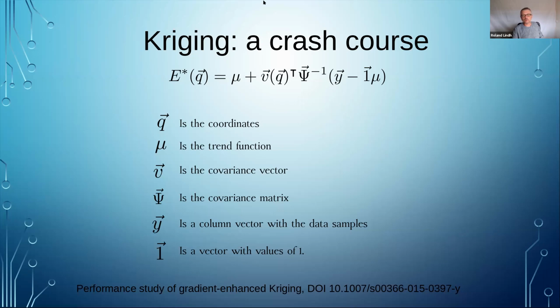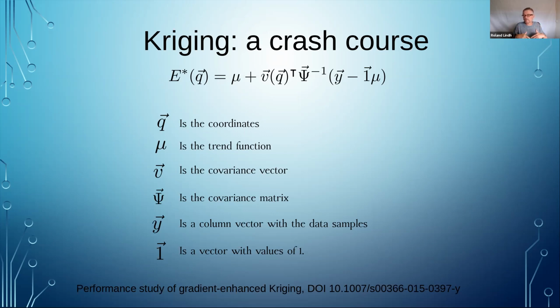In this formula, we have some matrices and vectors. I will not dwell into these details. I suggest those that are interested go into the literature and maybe spend an afternoon trying to find out what's going on. In this process, though, minimizing the variance, you need to figure out how different points correlate with each other.